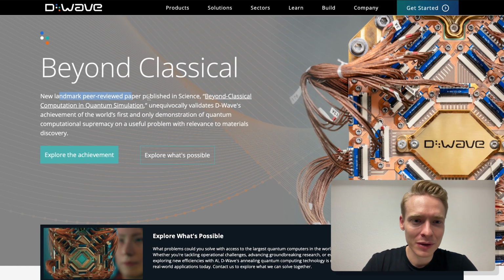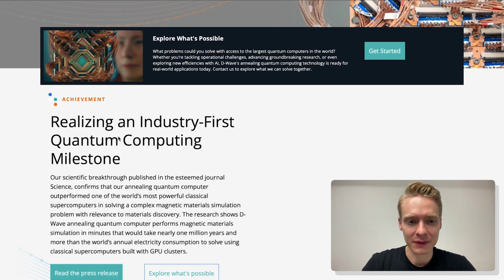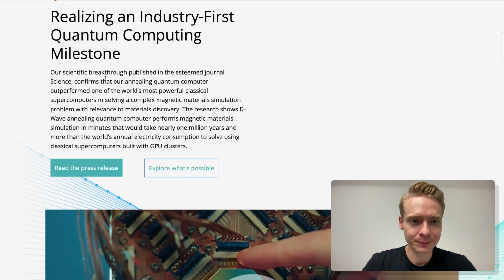A new landmark peer-reviewed paper published in Science, "Beyond-Classical Computation in Quantum Simulation," unequivocally validates D-Wave's achievement of the world's first and only demonstration of quantum computational supremacy on a useful problem with relevance for materials discovery. So this is focused on materials discovery. Let's see what it says here.